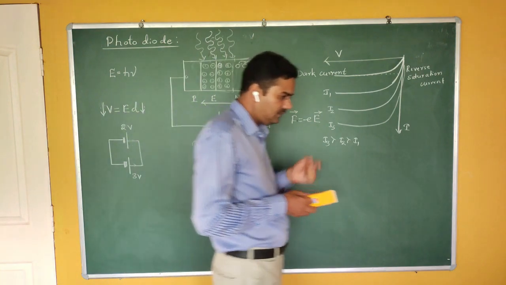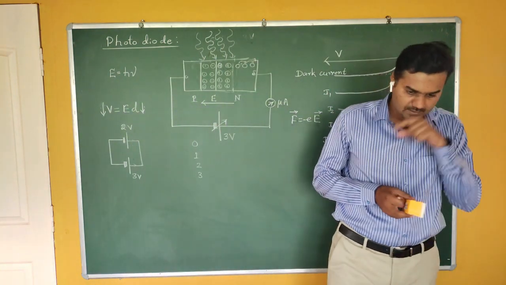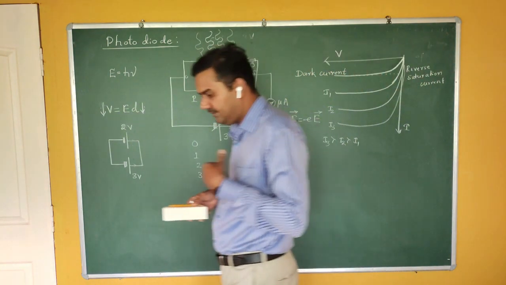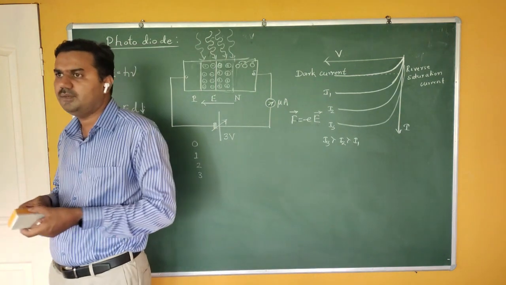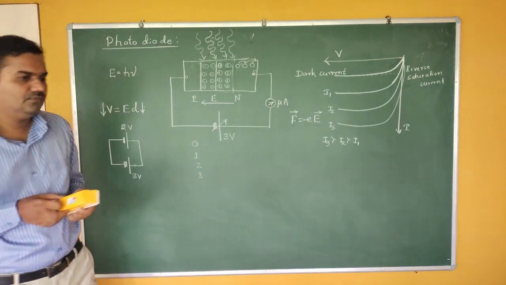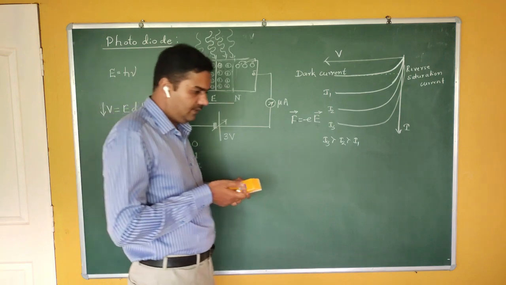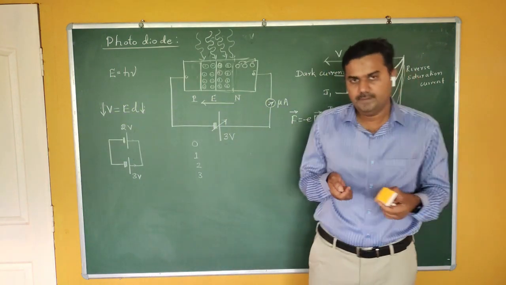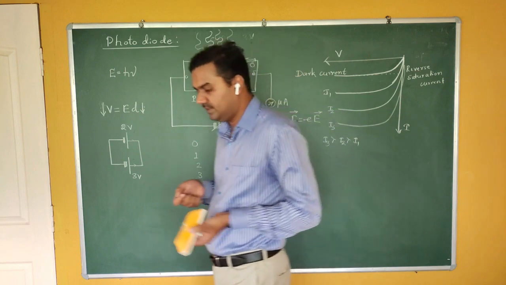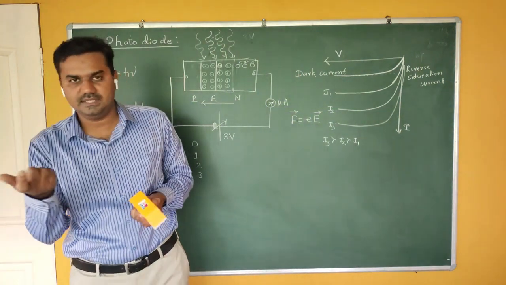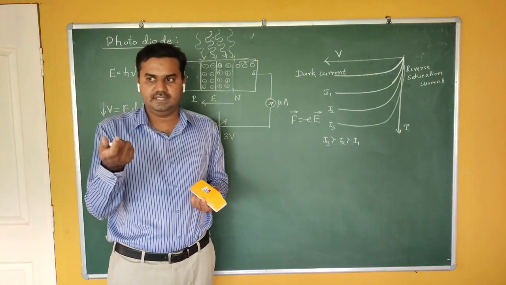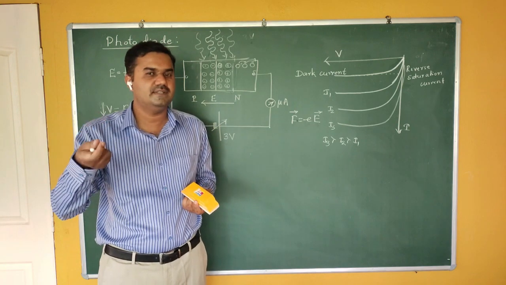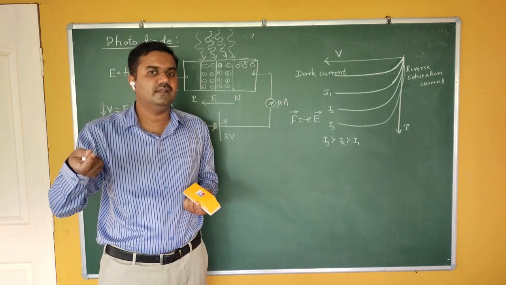Now this is about the photodiode. Photodiodes detect light, and you can find a number of applications for them. Take the TV remote: when you press it, a light is created, which is an LED. On the other side, the TV has a sensor, which is a photodetector diode.